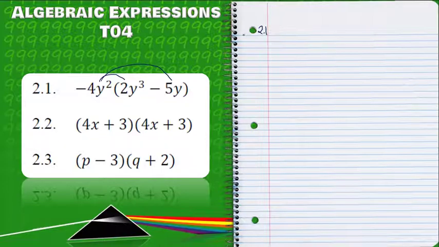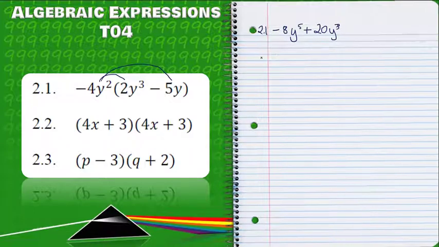So minus and a plus gives me a negative. Then 4 times 2 is 8, and then y to the power of 2 times y to the power of 3. We add the exponents, so that becomes y to the power of 5. And then to the second term, a minus and a minus becomes a plus, and then 4 times 5 is 20, and then y squared times y gives me y to the power of 3.